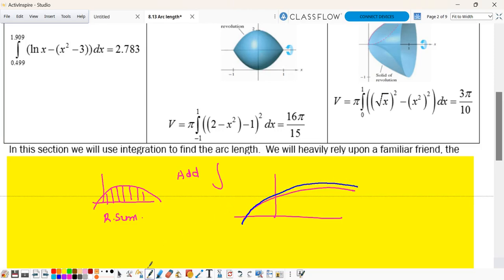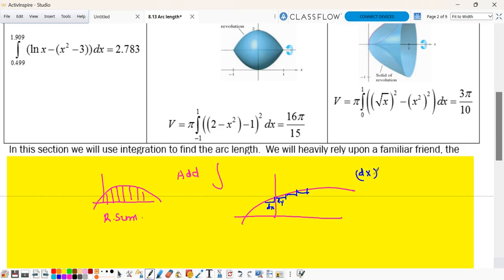I need this length, so we are going to use the Pythagorean theorem. Instead of area, we cut this into tiny, tiny Pythagorean theorems. We call this dx and we call this dy.